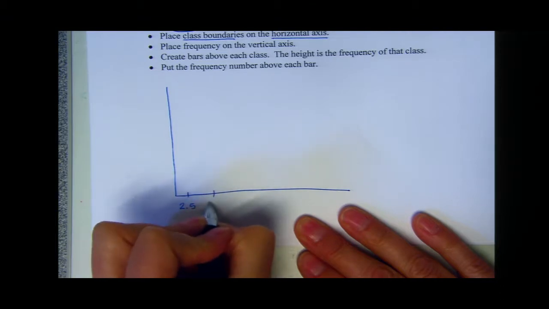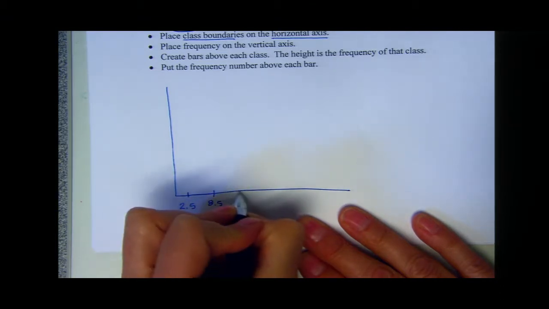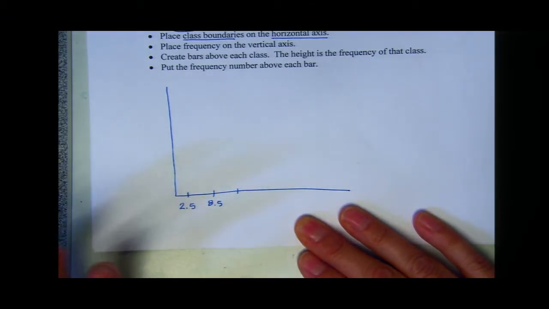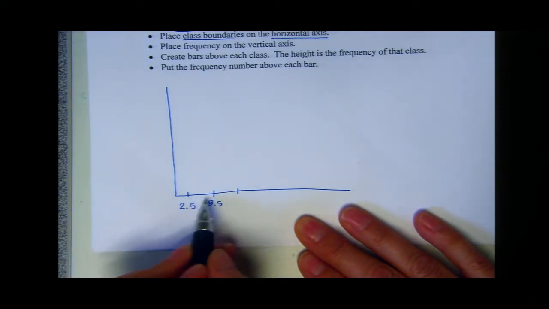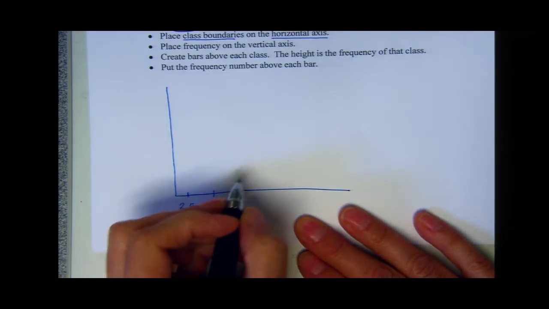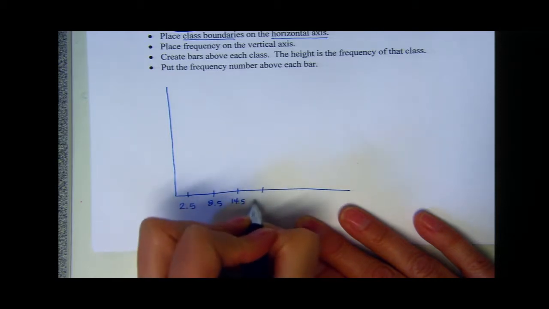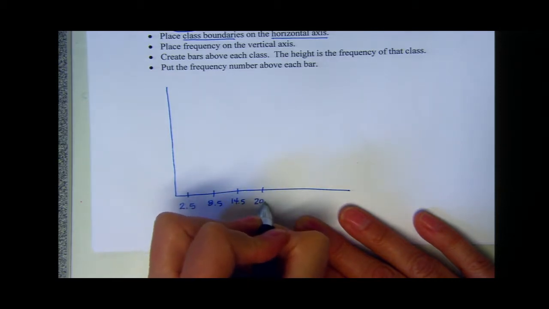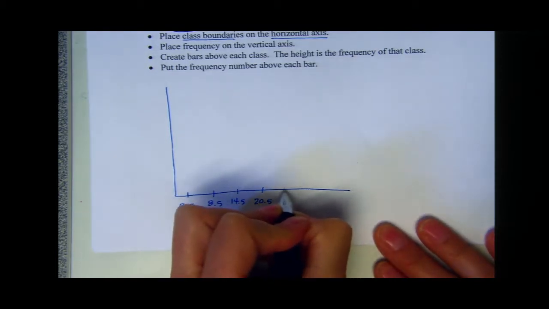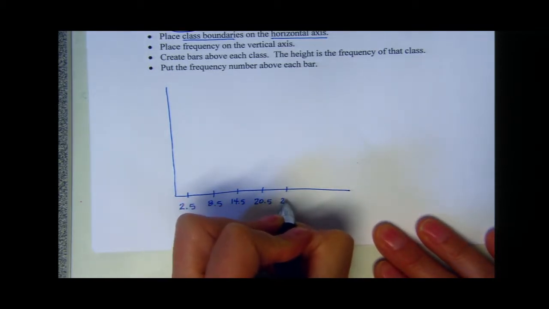And then 8.5. And I don't have graph paper, so I'm just going to visually make it like 6 units apart. It might not be exact if we got a ruler out, but if it visually appears that they are the same width, I am okay with that.